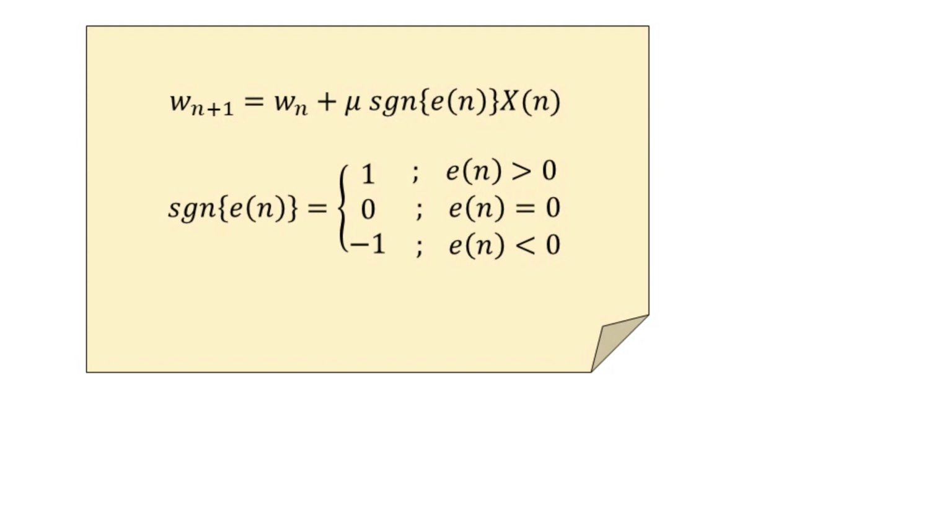The sign error algorithm can also be derived using the LMS gradient descent algorithm for minimizing the error, denoted by zeta of n equal to the modulus of the error signal e of n.